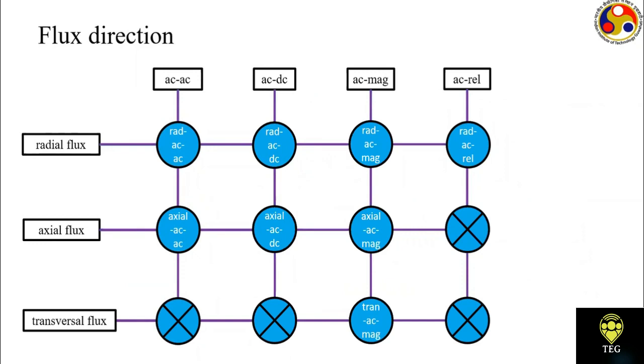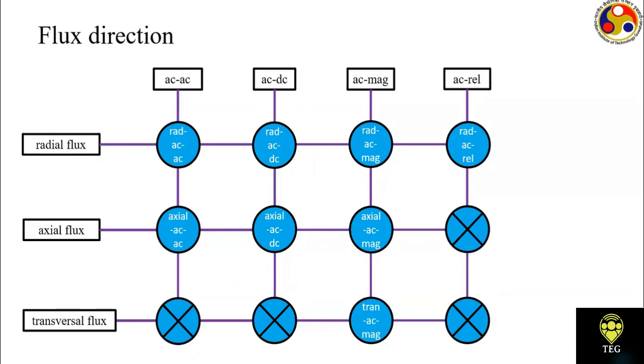The magnetic field inside the machine can either flow in the radial direction or in the axial direction. We will come to how exactly the axial and radial directions look. There can be one more direction of the magnetic field inside the motor, which is known as the transversal direction. So based on the direction of the magnetic field, you can have a radial flux machine, axial flux machine, and transversal flux machine.